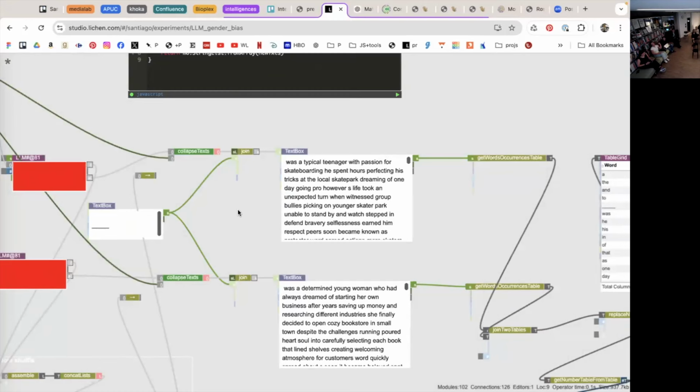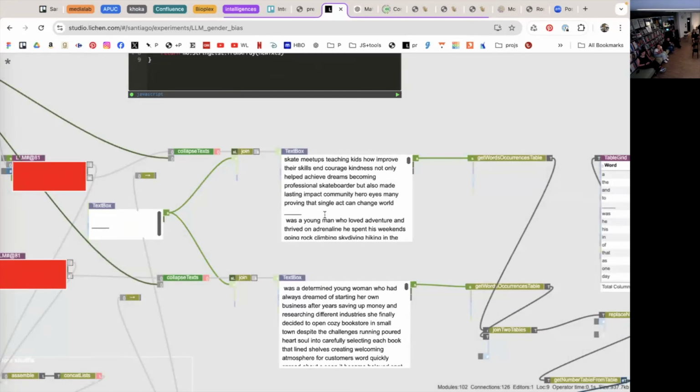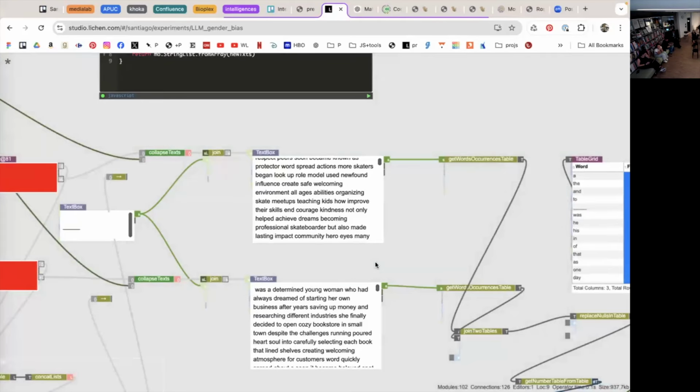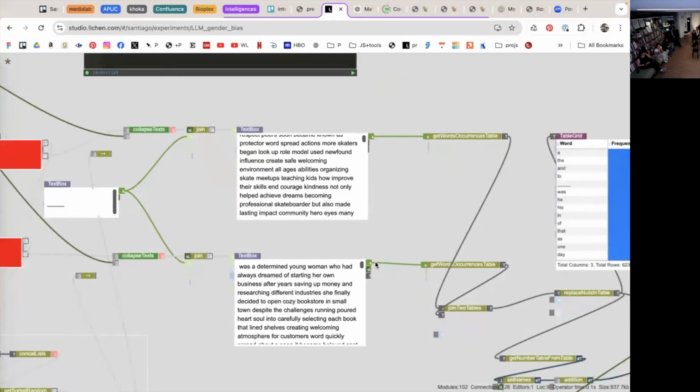I do some manipulation on the text, so it becomes simpler. What I do is I collapse each text so it does not contain repeated words. What I want to do is to count the number of words, or certain words, in the 500 stories directly associated with men, and in the 500 stories directly associated with women, and count in how many stories each word appears, right?